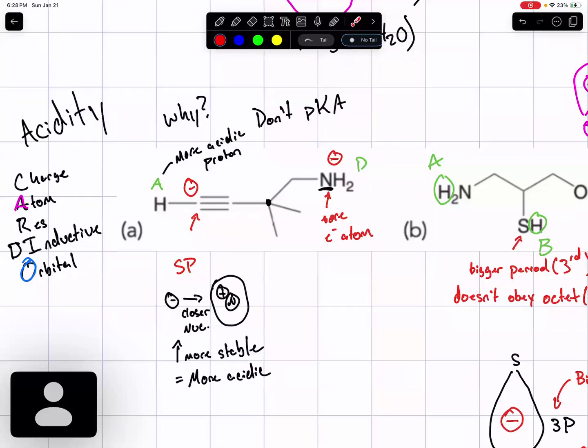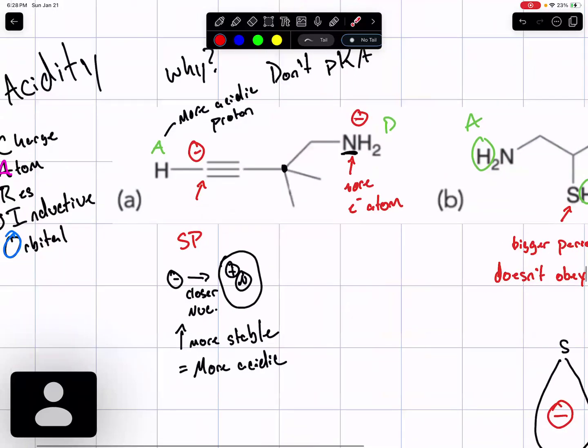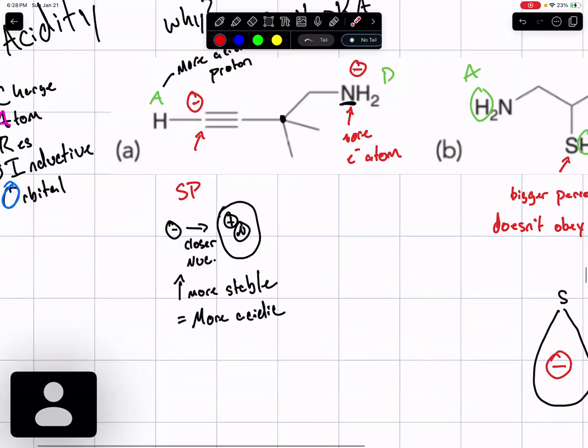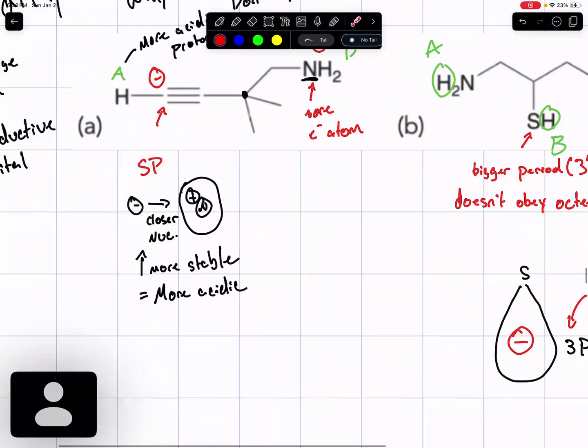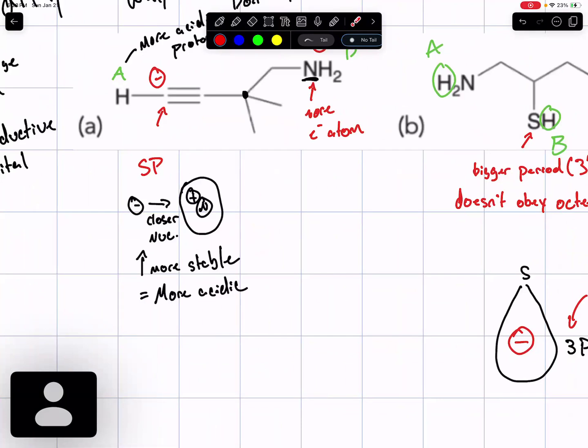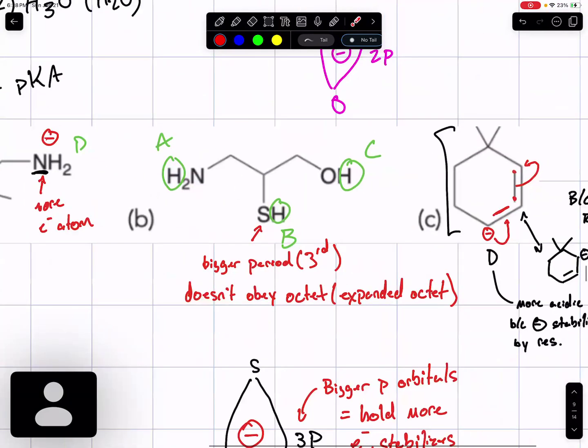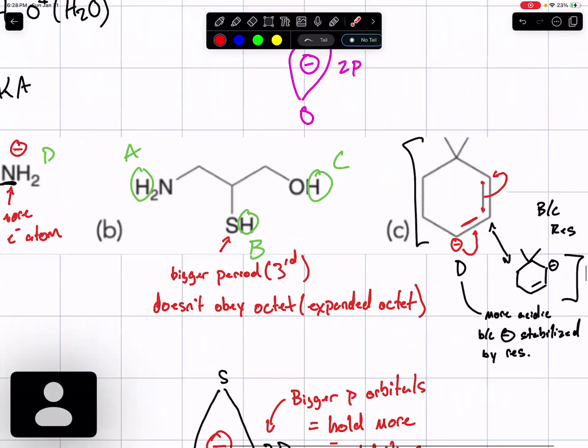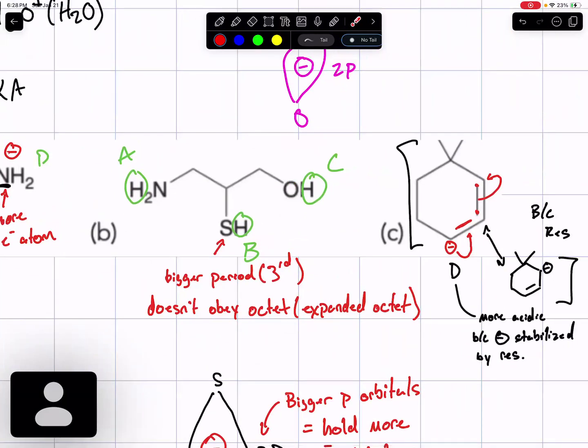And so if we look, for example, with the first example, even though nitrogen is a more electronegative atom compared to carbon, this carbon is sp hybridized, meaning that its negative charge is closer to the nucleus, meaning that since it's closer to the nucleus, it's going to be more stable, therefore being more acidic. In the second case, we looked at two different electronegative atoms, oxygen and sulfur.